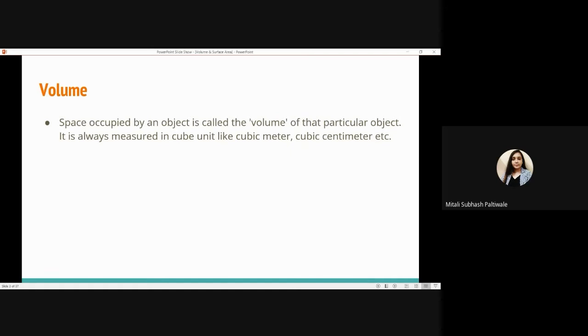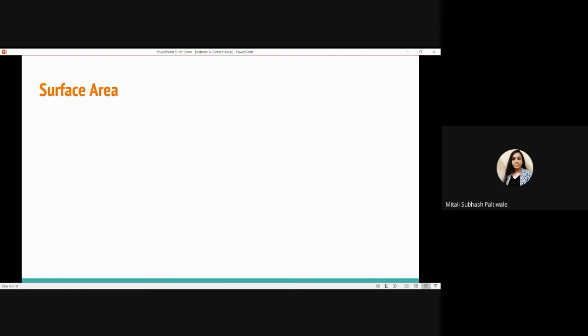Now, what is surface area? The shapes that exist with some volume will have a surface, and that surface will have some area also.